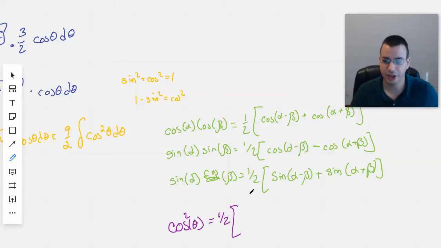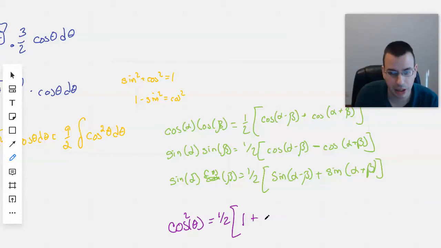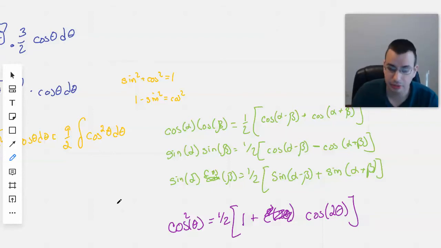And then alpha minus beta, if alpha equals beta, is just going to be cosine of 0, which is 1, plus cosine of 2 theta. Cosine of 2 theta. That was terrible. Cosine of 2 theta. There we go. And so, yeah, that's exactly what it is.